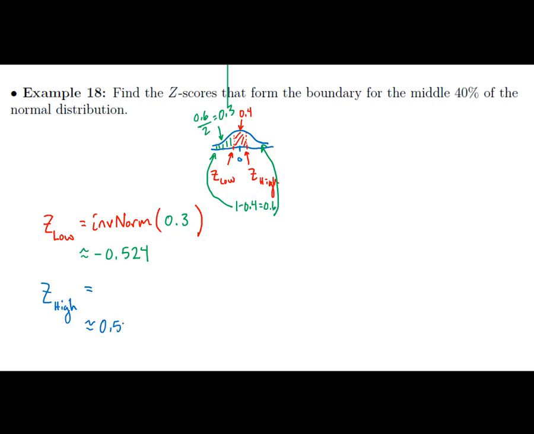Right, just the positive version of our previous answer. But it's worth noting, how do I get that using the inverse norm? Well, I still have to give it the proportion to the left. So if there's 30% to the left here, plus the 40% in the middle, total I would have 70% below the high value, so I'd put 0.7 here. And of course that does give me positive 0.524.